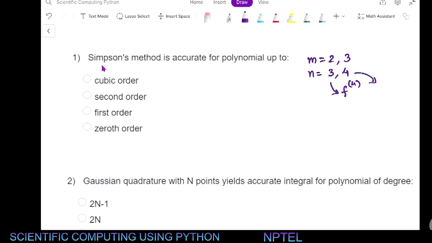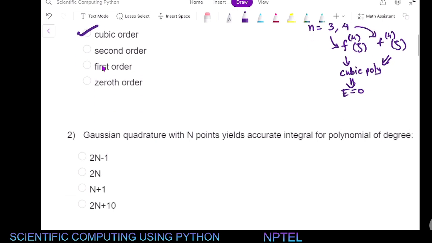And for 4, the error estimate also goes as the fourth derivative. I misspoke earlier. There are of course the factors, but this means that a cubic polynomial will give 0 error. Same thing for both, because both of them have the fourth derivative as the error. So it does not matter which one we are talking about. The cubic order will give error to be 0. All right, so that's the first question.